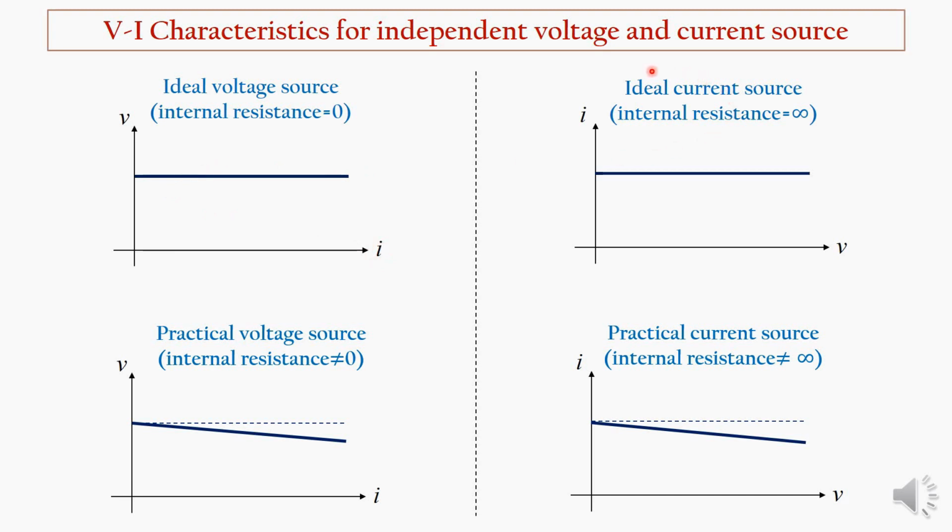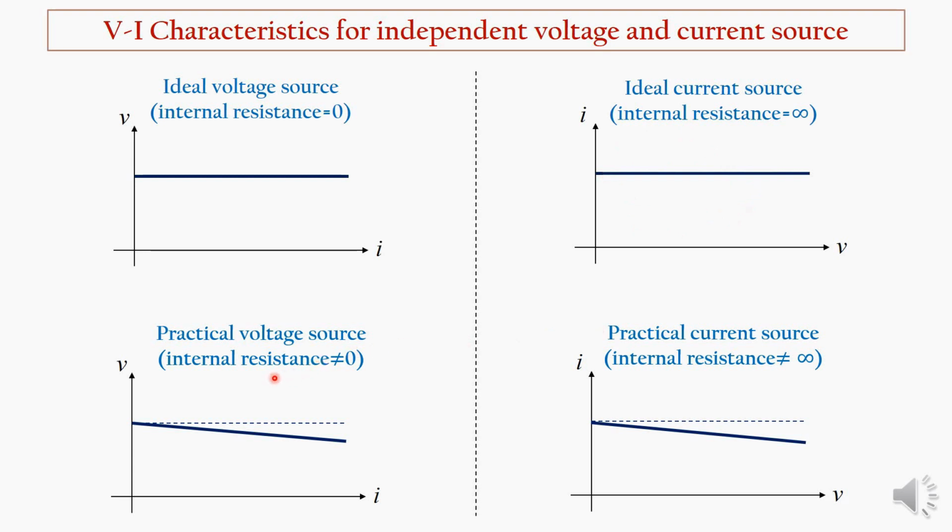Similarly, we have an ideal current source which has infinite internal resistance. The current of a current source is independent of the voltage across the circuit. This graph shows the voltage and current relationship of an ideal current source.